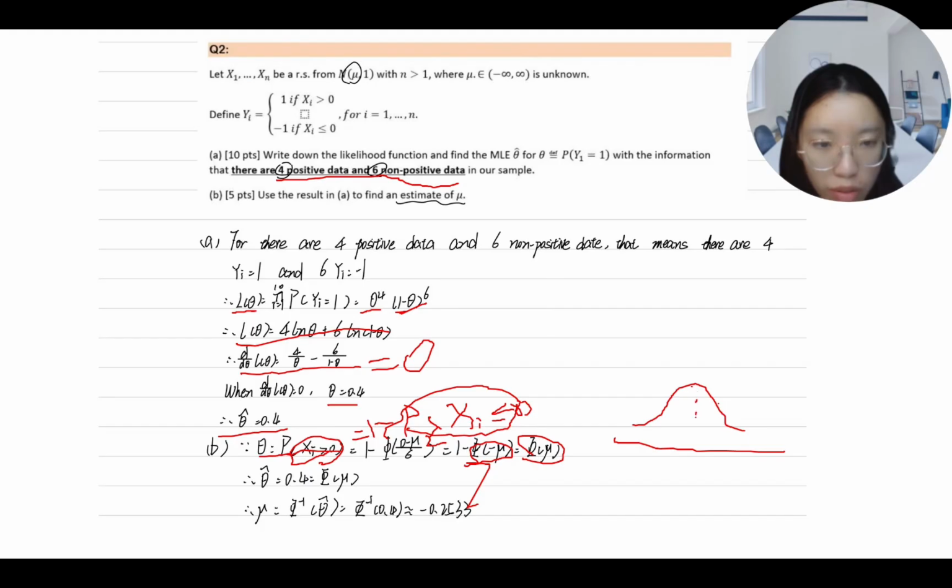So the top is 0, and this part is mu, and this part is minus mu.